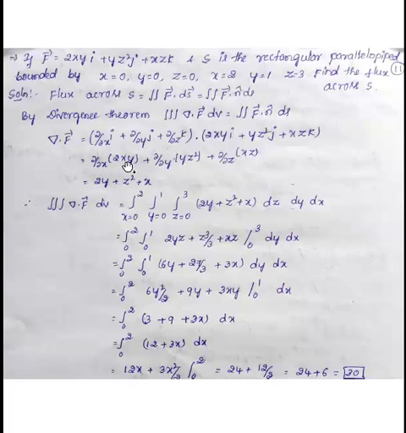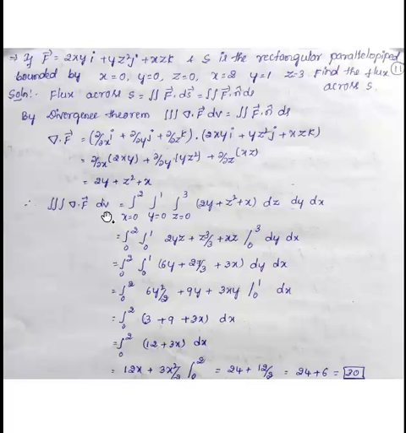With respect to x, x differentiation is 1, so 1 into 2y. With respect to y, y differentiation is 1, so 1 into z². Plus with respect to z, z differentiation is 1, so 1 into x.